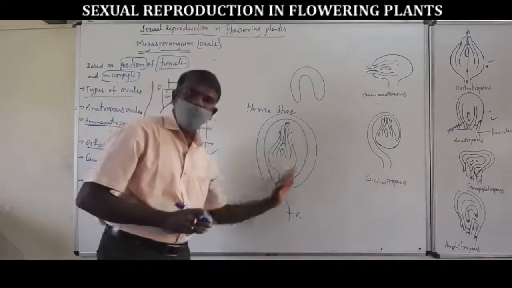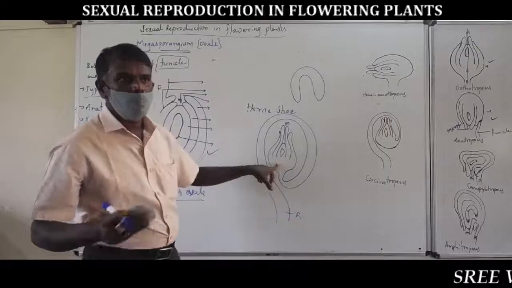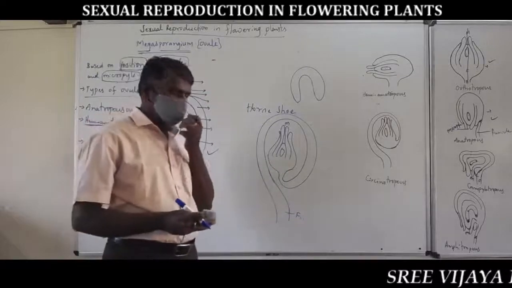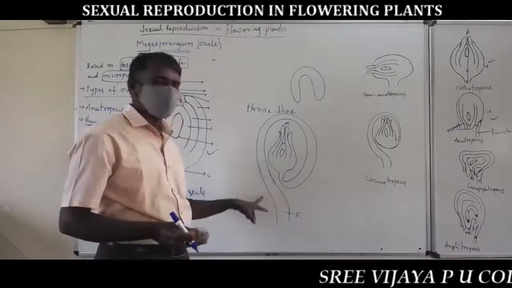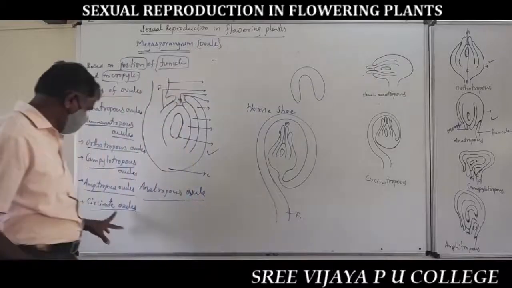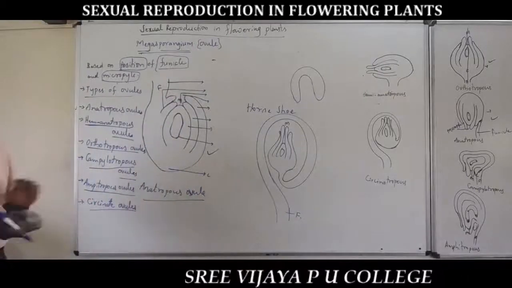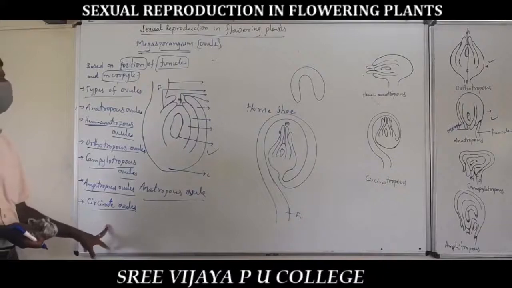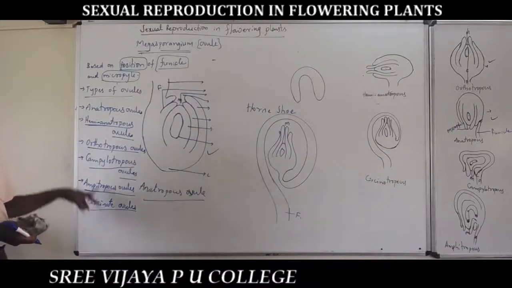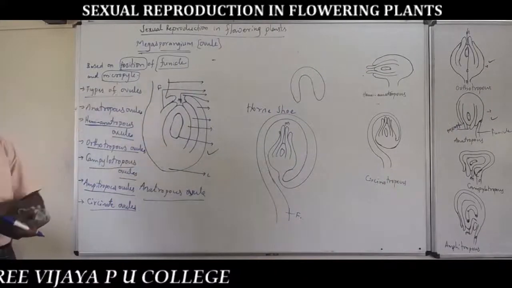One complete turn is turned by the ovule of succinate. So that type of ovules are called the succinate type of ovules. So these are the different types of ovules.